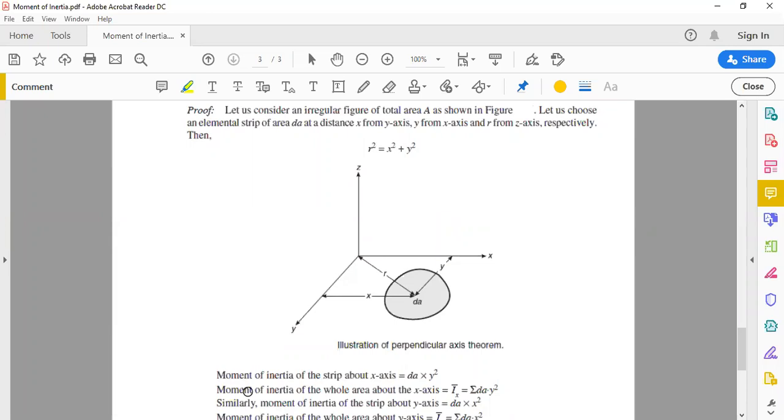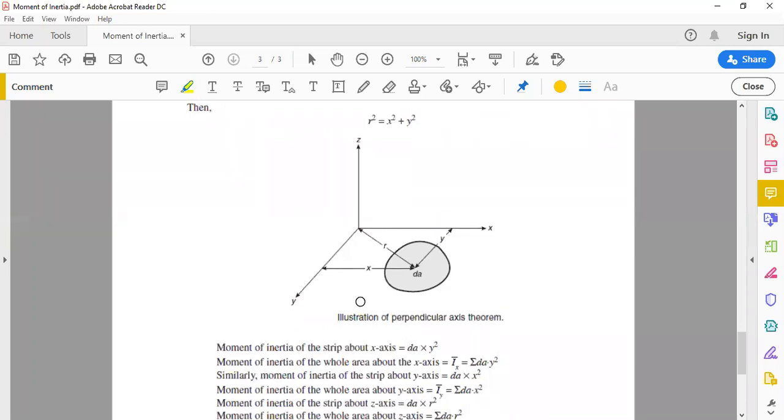Now if I want to calculate moment of inertia, it will be area into square of the distance. Moment of inertia of a strip about x-axis: if I consider a small element in the area, it will be dA into y square. dA is the area of the element, and y is the perpendicular distance from x-axis, hence y square.